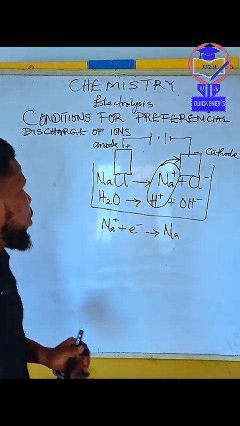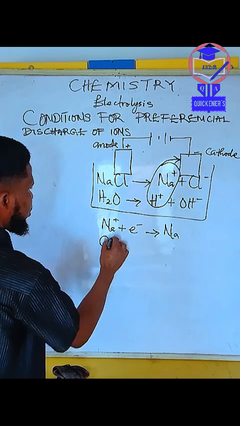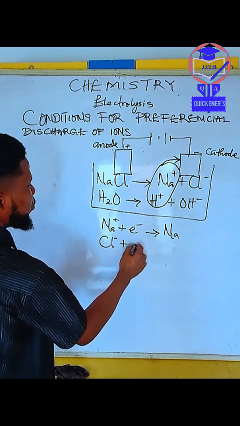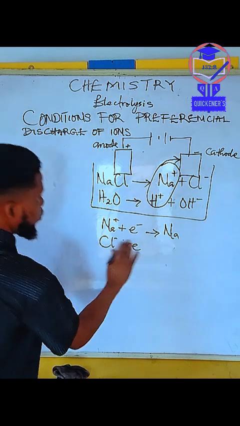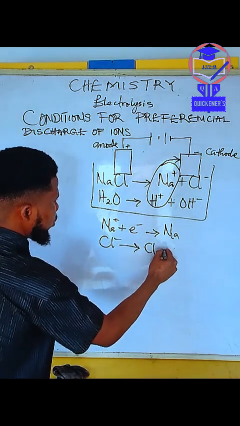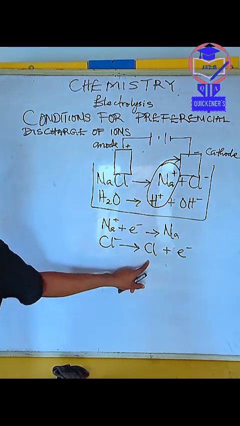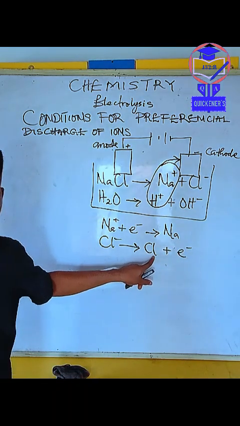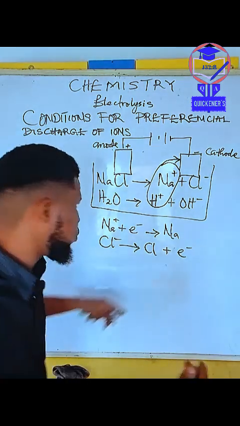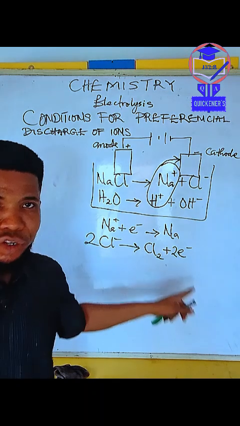You understand me? While at the anode, chloride will discharge the excess electron and become an atom. And of course, this atomic form of chlorine is not realistic. It has to be a molecule, right? So we'll put 2 here, so that I have 2 here. So 2 moles of electrons discharged.